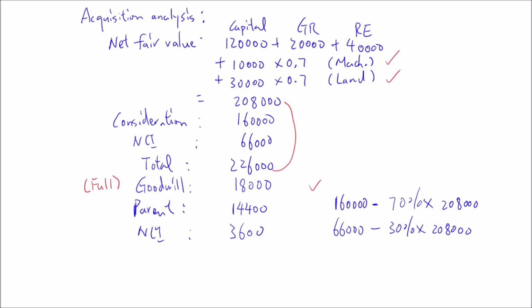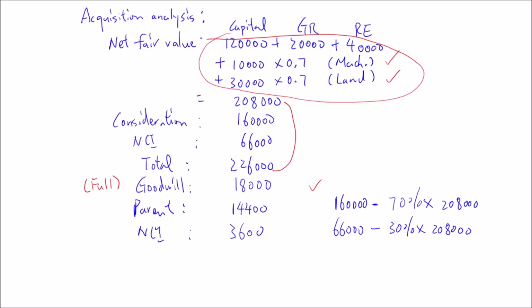You don't actually need to go back to the question. You can just look at your acquisition analysis, because in your acquisition analysis, this whole bit there, you want to eliminate them. Because for this one, we want to eliminate all the equity, including the BCVR in there. So we can base on this information and then multiply by 70%, which is the ownership by the parents, and then we can prepare the journal.